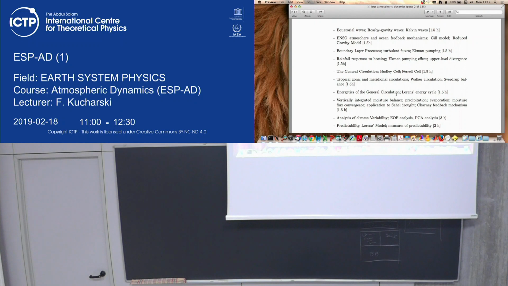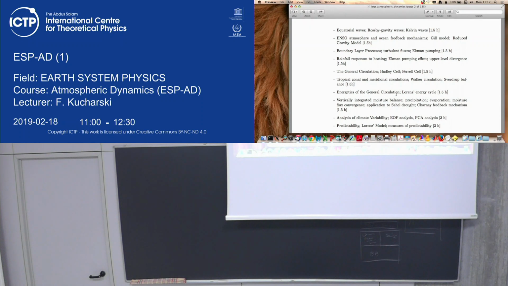Then there's also something very important for seasonal forecasting, essentially. ENSO can provide some perturbation to climate and weather, but how does that translate into rainfall or temperature anomalies in other regions? So we need to discuss teleconnection mechanisms.